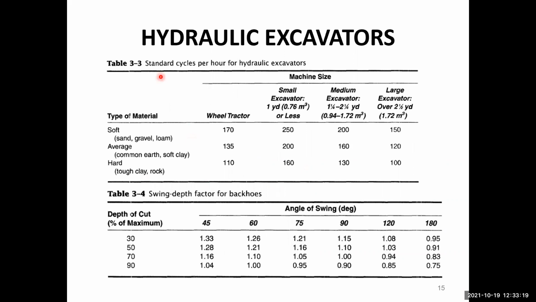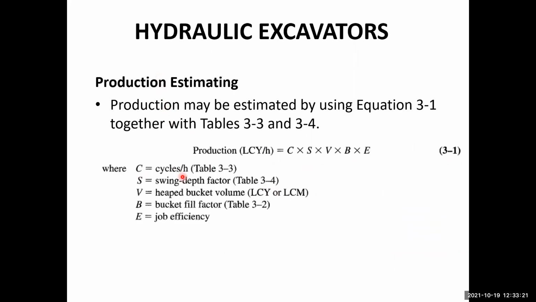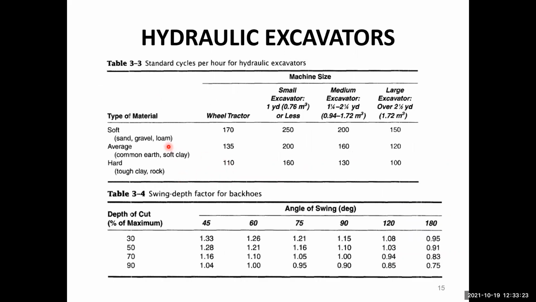C is the cycles per hour. So for the standard cycles per hour for hydraulic excavators, if we are using hydraulic excavators, their standard cycles per hour are based on the type of material and on the size of the machine.